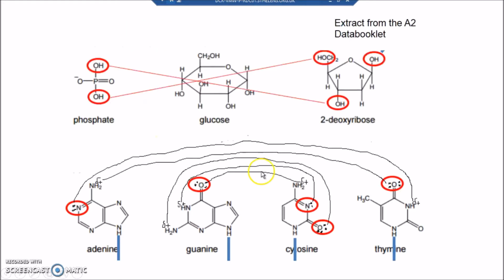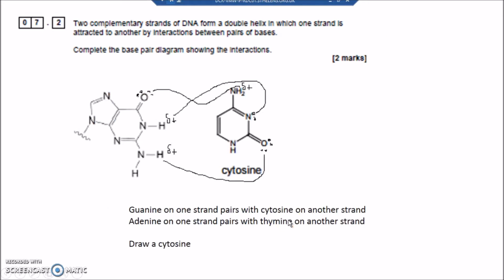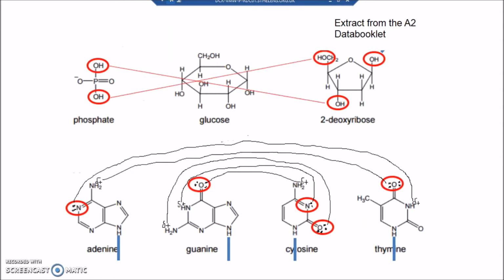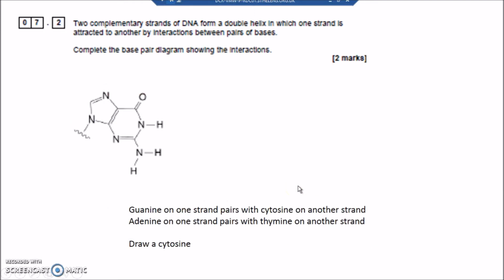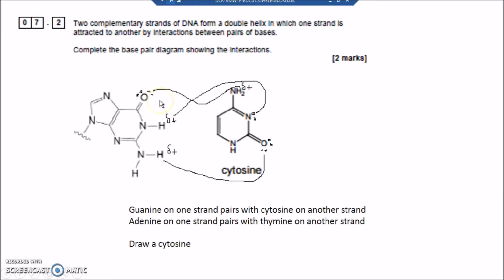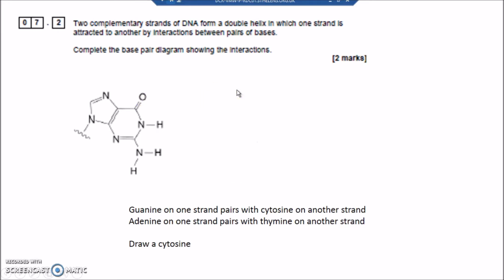So what will guanine link with? It will link with cytosine. So what I do is I draw a cytosine alongside. And now I work out what's going to bond to what between guanine and cytosine. Well, on the guanine, the O with the lone pairs of electrons is going to link to an NH2 on the cytosine.